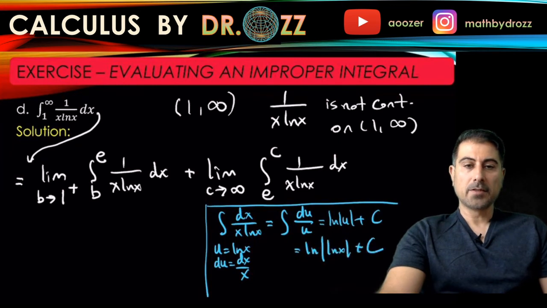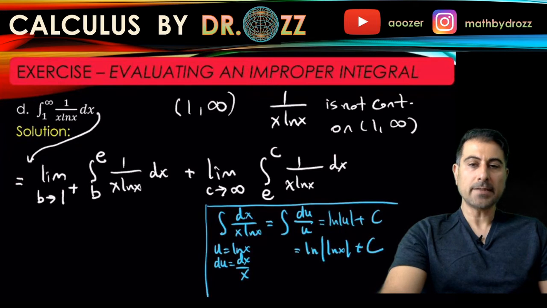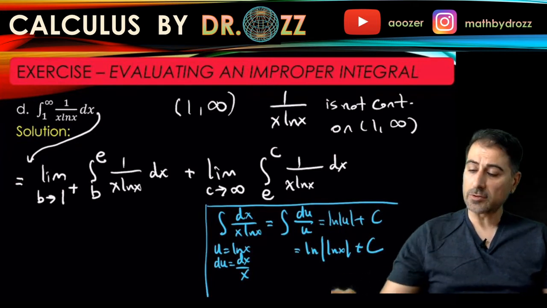Okay? So once you take care of this indefinite integral, providing you the antiderivative of 1 over x ln x, I can go ahead and put those back into the limit formulation.